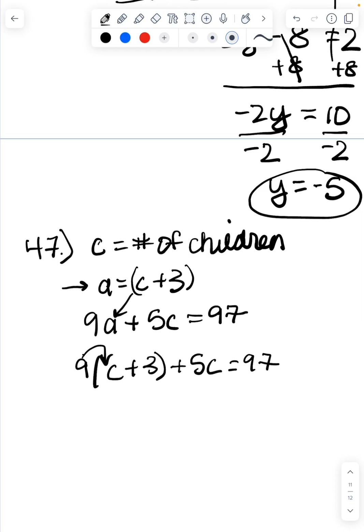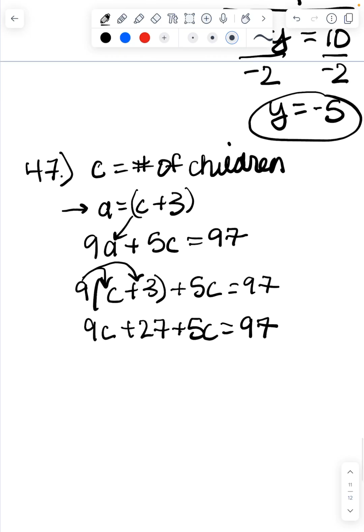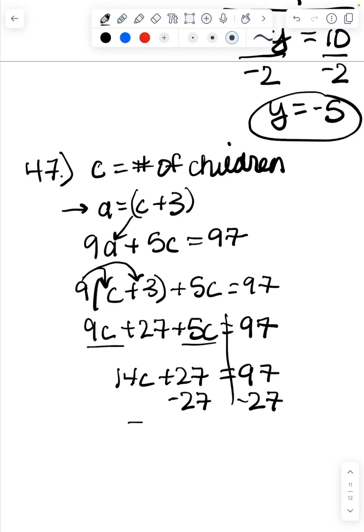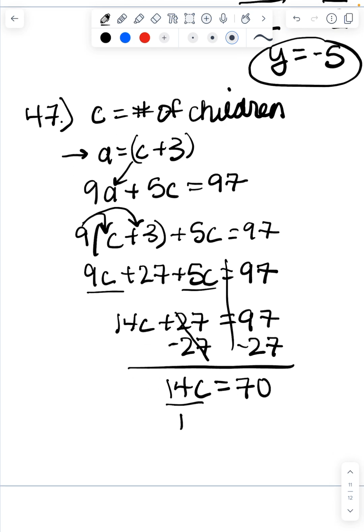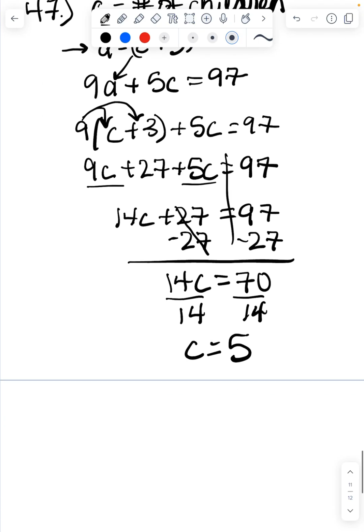We're going to need to distribute here. 9C plus 27 plus 5C equals 97. All right, so here's my equal sign. I've got C's. That's going to be 14C plus 27 equals 97. Subtract 27 on both sides. 14C equals 70. Divide by 14, C equals 5.